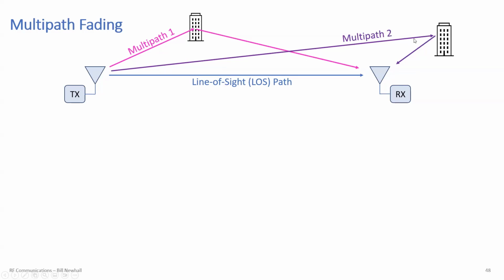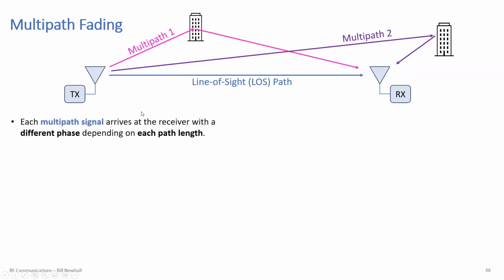And each one of these has a different time delay, right? RF energy in air propagates at the speed of light. And so these all have different delays. So each multipath signal arrives at the receiver with a different phase depending on each path length, right? The phase and delay are related, as we talked about.